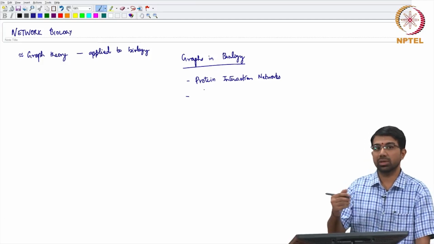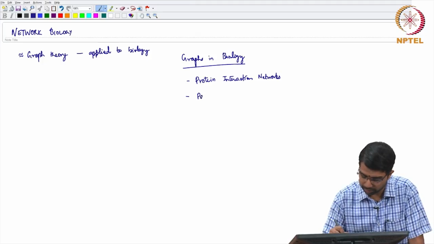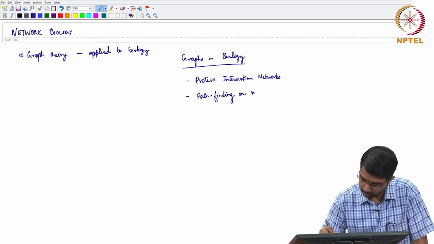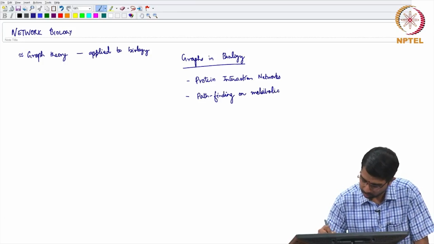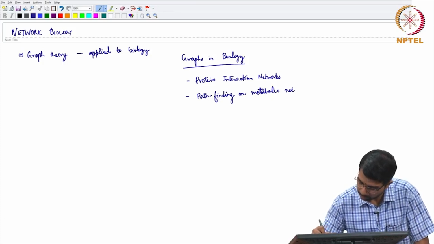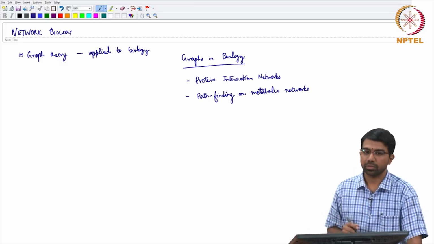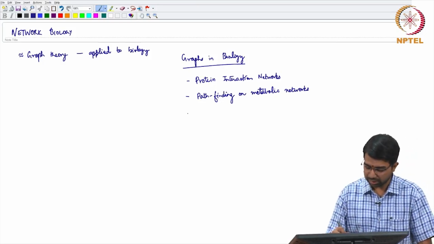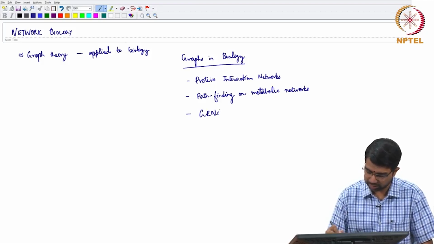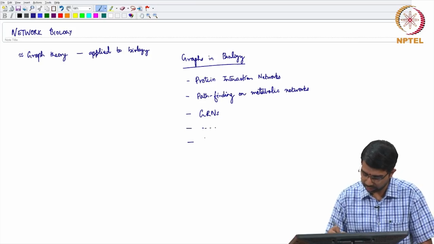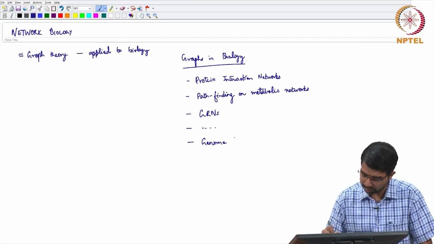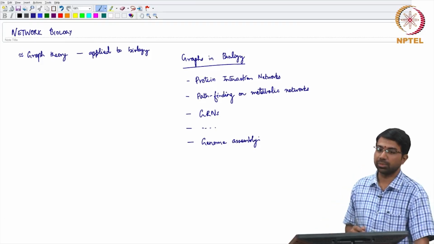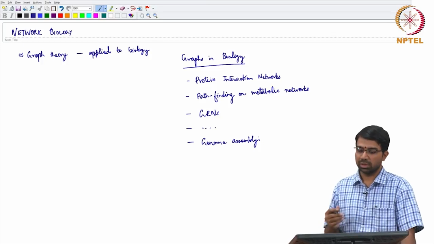So, maybe we want to do path finding in metabolic networks. What else? Gene regulatory networks. So, there are different types of networks, I will just say GRNs. And a problem that we did not go into detail, but is quite important in the context of graph theory is genome assembly. How do you assemble genomes? This again involves graph theory.